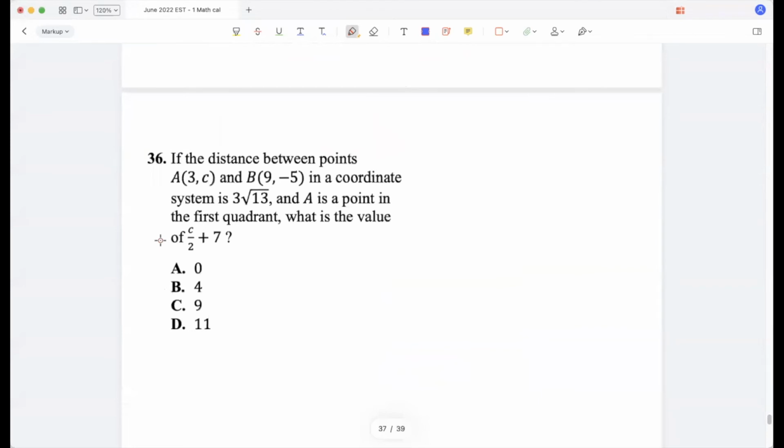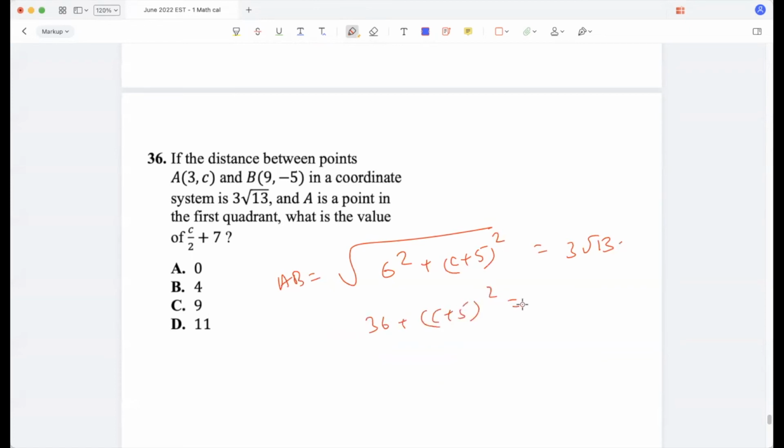If the distance between these 2 points is this, and A is a point in the first quadrant, what is the value? Okay, so AB is square root of 6 square plus C plus 5 squared. That is 3 root 13. So 36 plus C plus 5 square is 9 into 13. So 36 plus C square plus 10C plus 25 is 117.